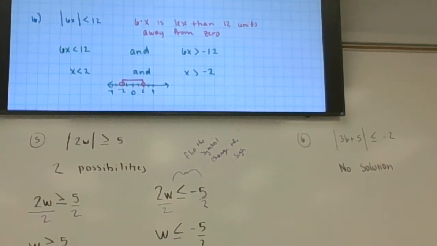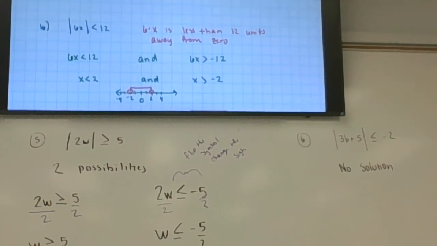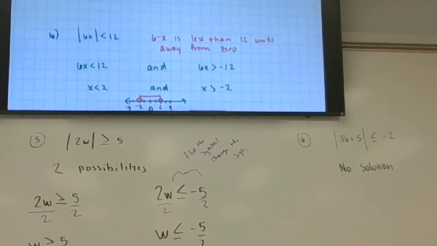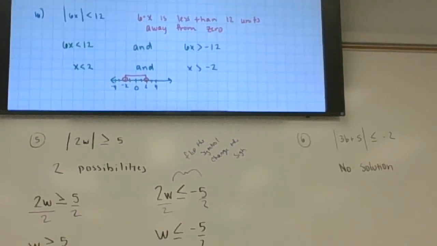Together is better. I didn't do these right. Okay. What do I mean by together is better? This is what I mean by together is better.